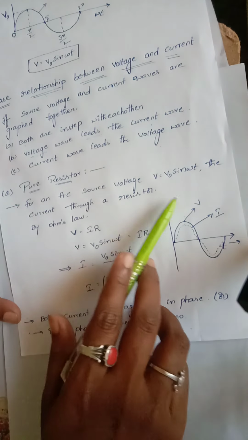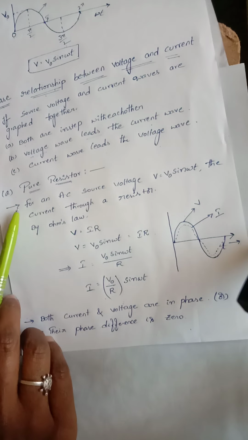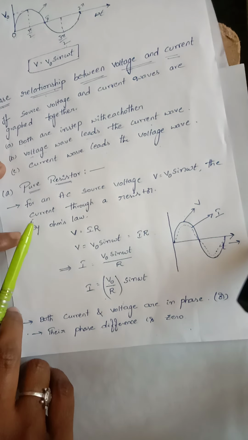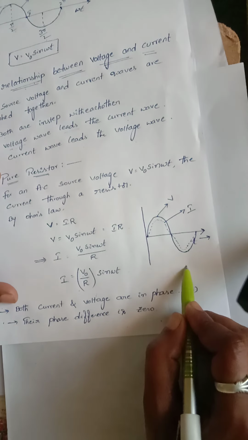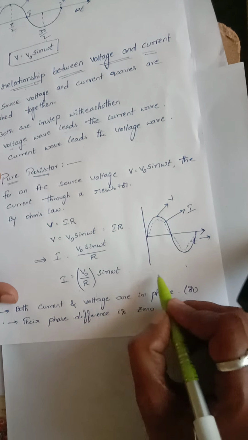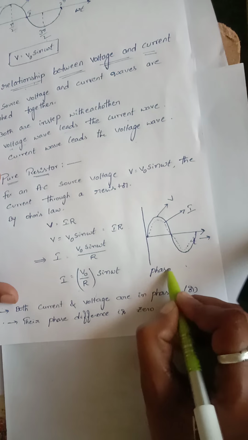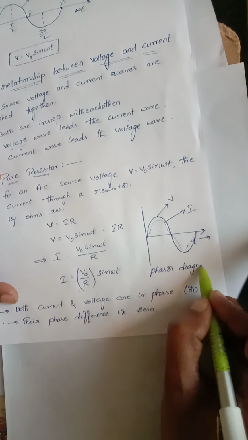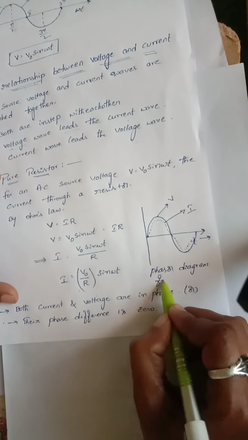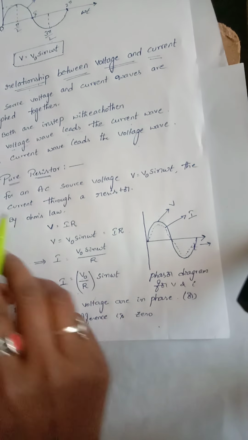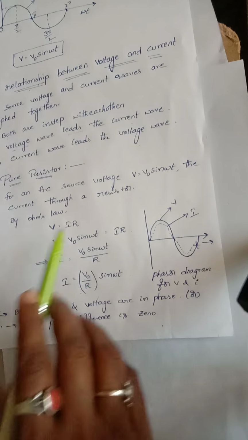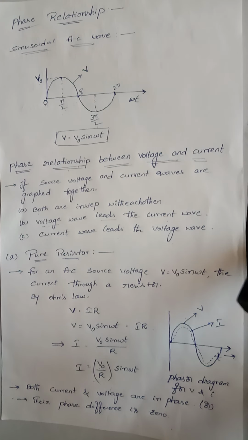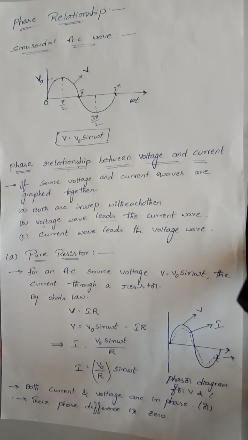It is a simple explanation. When AC voltage is applied to the circuit with the pure resistor, this graph indicates the phasor diagram for V and I. Next, coming to the pure capacitor.